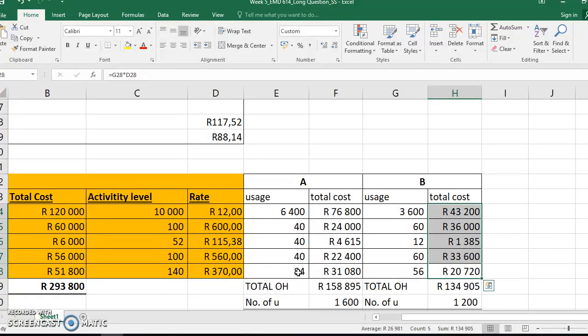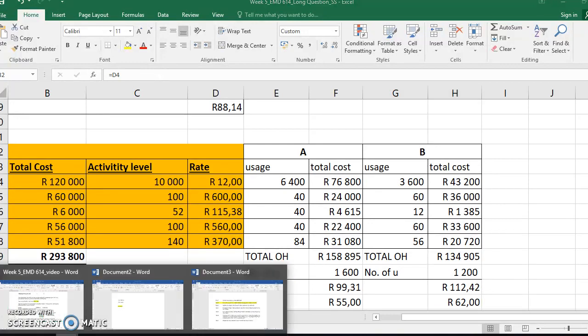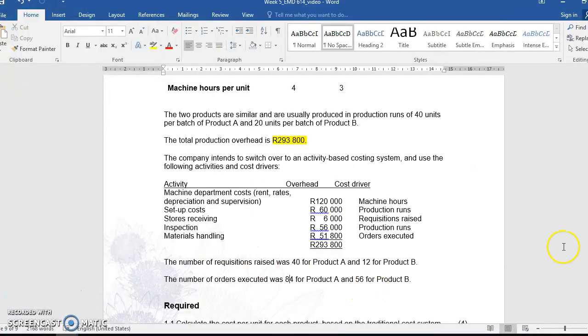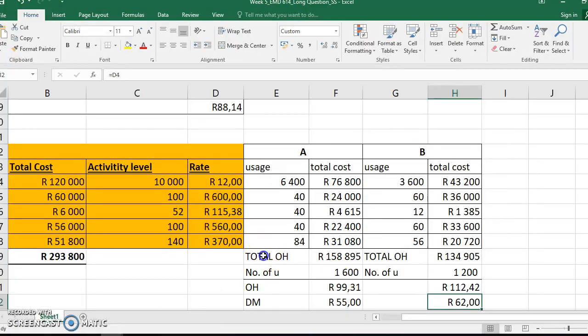That will give you the total overheads: 158.95 for A, 134.905 for B. Very importantly, the requirement asked us specifically to calculate it per unit, and this is in total. So to get it per unit, I simply divide by 1,600 units for A and 1,200 units for B, and then I get the overhead cost per unit respectively.